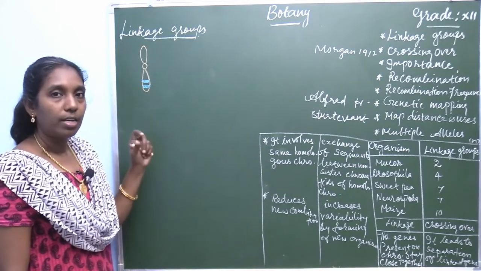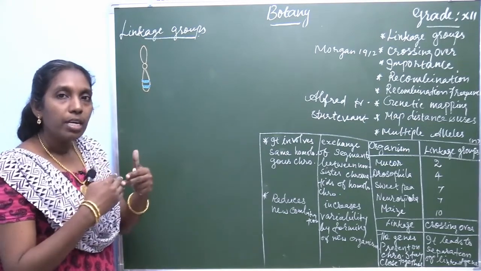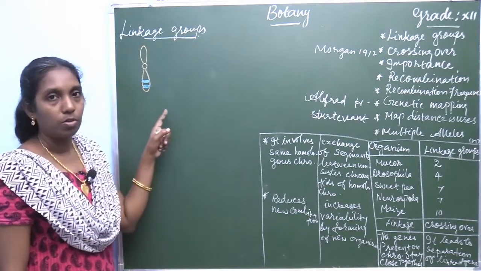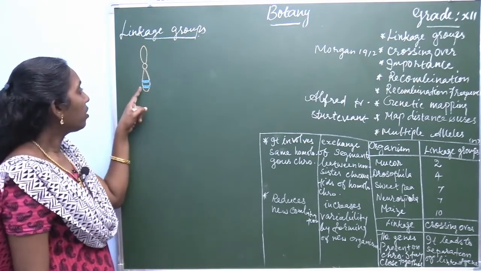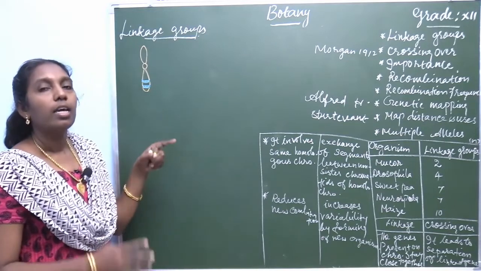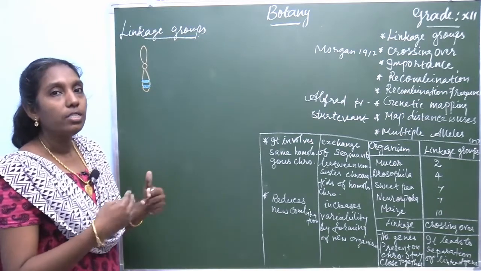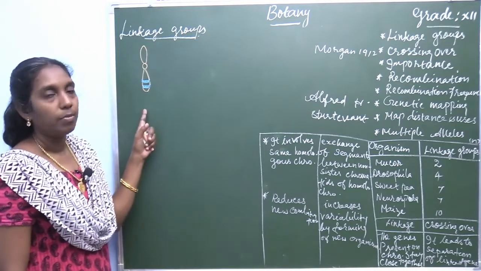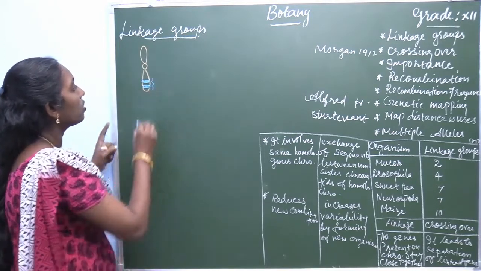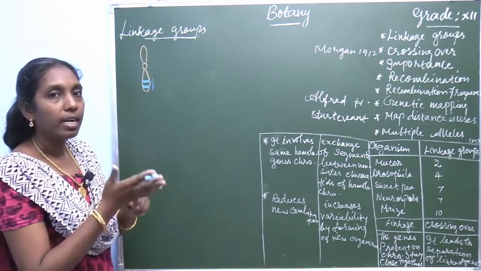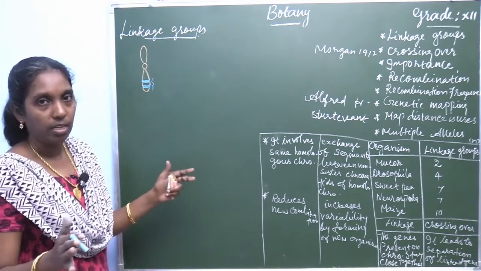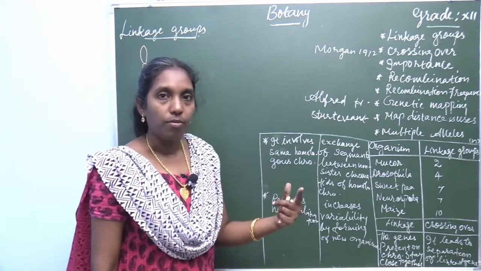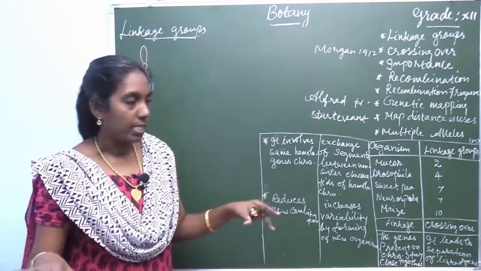The definition of linkage is very closely arranged genes in a homologous chromosome. When genes are very closely arranged, they tend to be inherited together. Such genes are called linked genes. There is no separation; they are inherited together. But in crossing over, they separate.